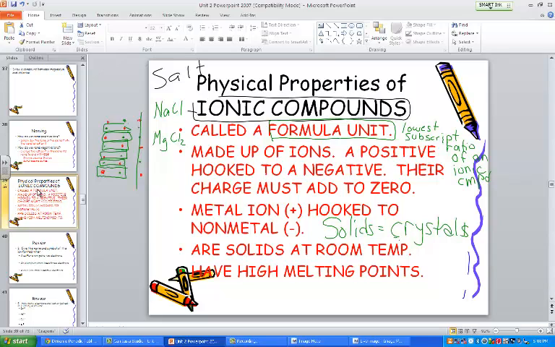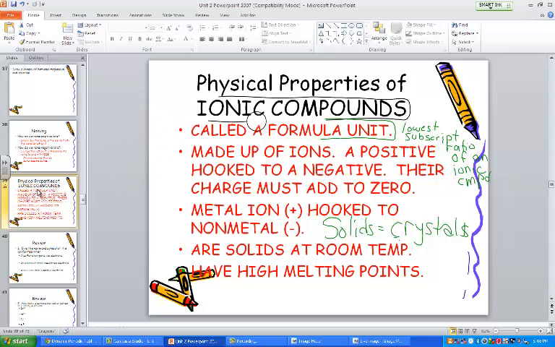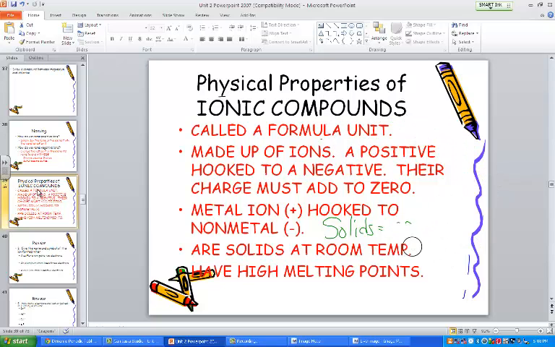When we build ionic compounds, we always build them of ions. Ions come in two flavors, positives and negatives. It makes no sense to hook two negatives. It makes no sense to hook two positives. We hook a positive ion to a negative ion. And by convention, we always, always, always write the positive ion first. Positive first, then the negative, just so we're all doing it in the same way.